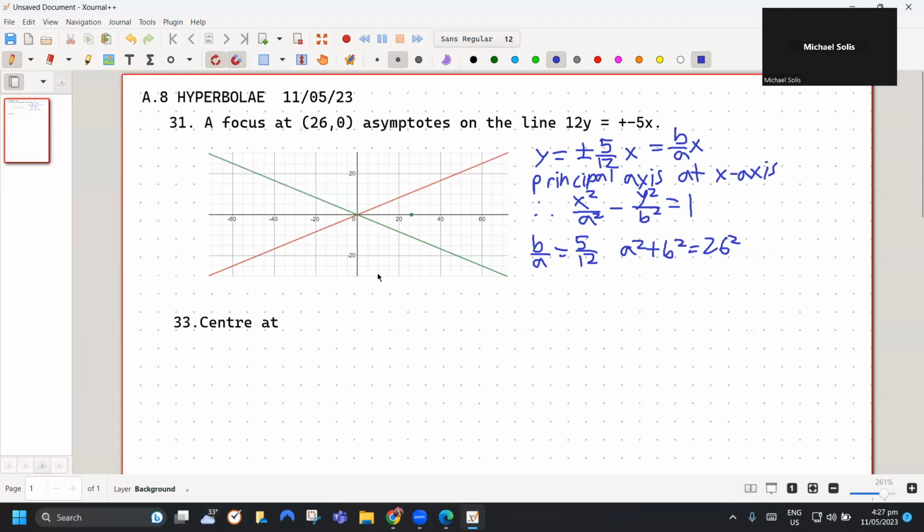So, for example, sa additional math, paano gagawin yan? Pwede mong gawin, B is 5 over 12 times A. Tapos plug in sa second equation. So, use elimination.